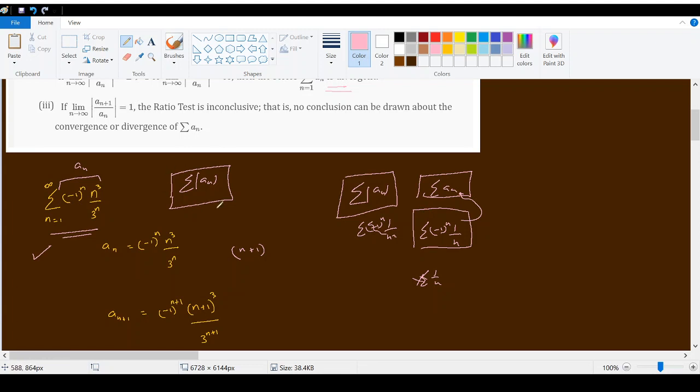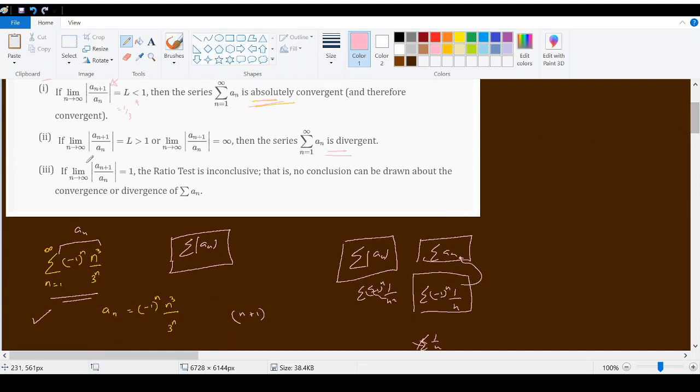But if the absolute series converges, then the original one will definitely converge, okay? Now here, the second sentence is about just converging. So it does not address the absolute series.